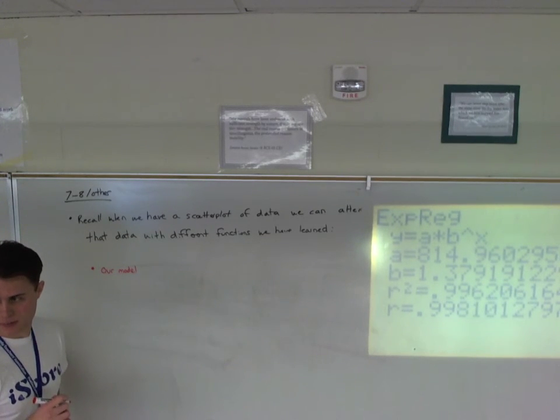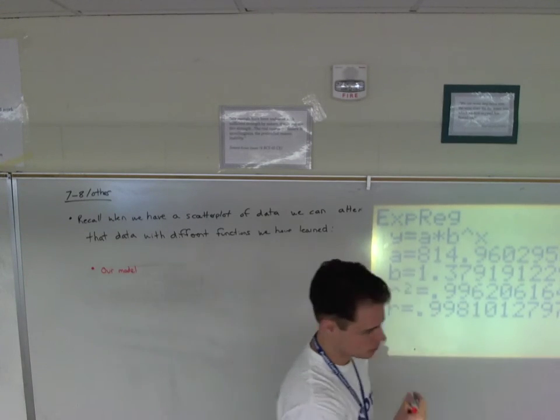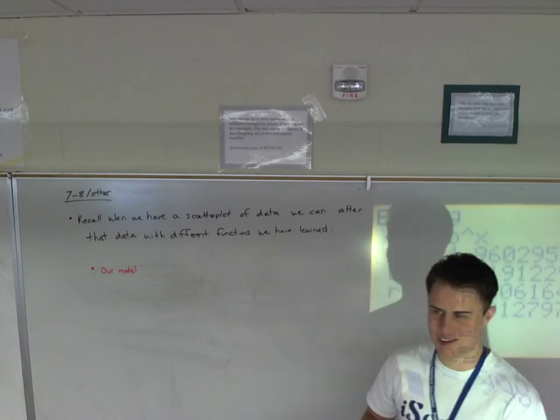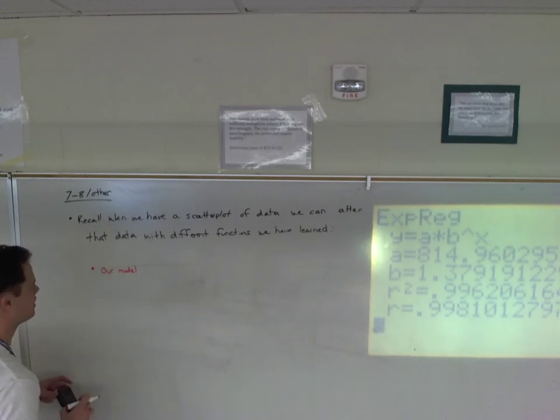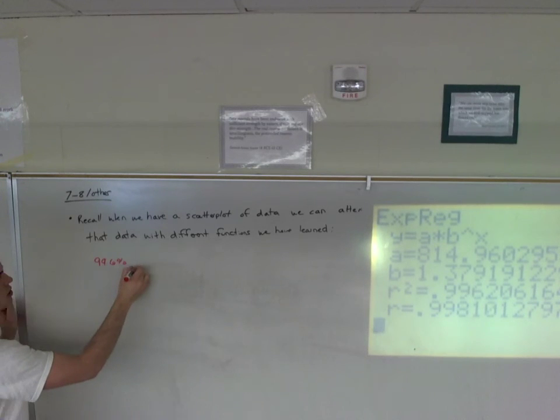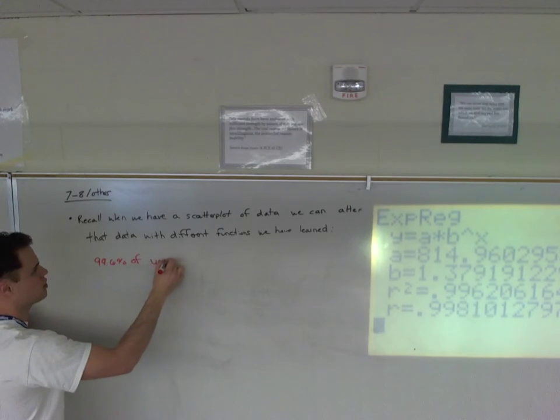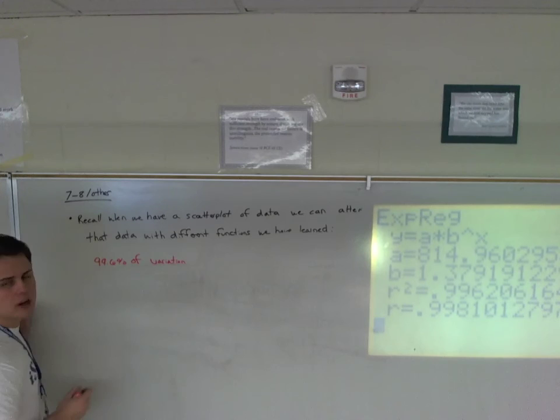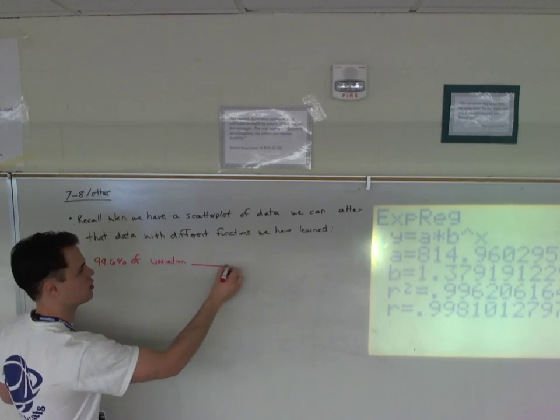Between how much weight? 0.30 and 0.75. Yeah. Bad data. Someone made that up. I'm going to say this. I'm going to say 99.6% of variation. What do I put next? This is key.